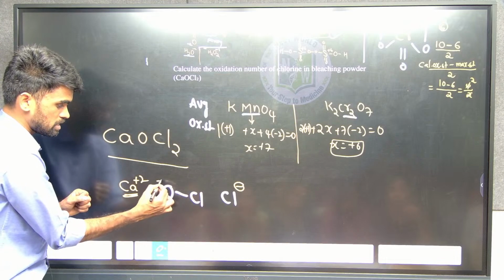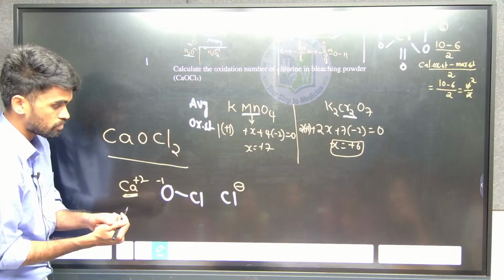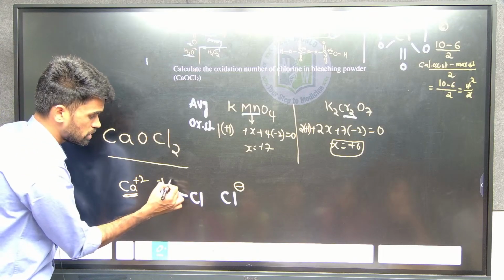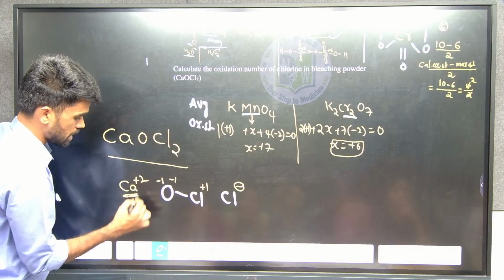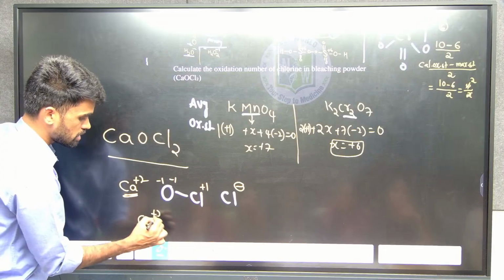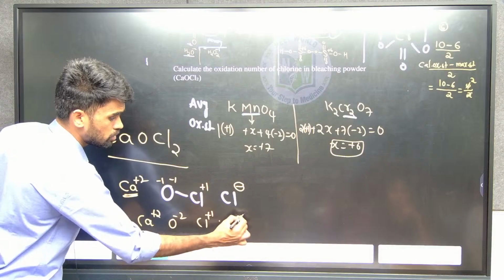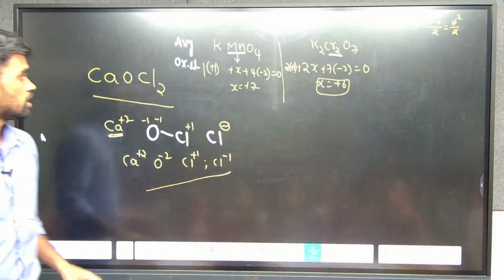So definitely this is -1 here. Oxygen is more electronegative, so this will be -1, this will be +1. So here calcium +2, oxygen -2, 1 chlorine +1 and another chlorine -1. These are the individual oxidation states you need to remember for bleaching powder.